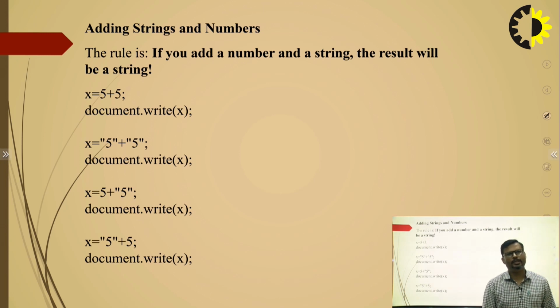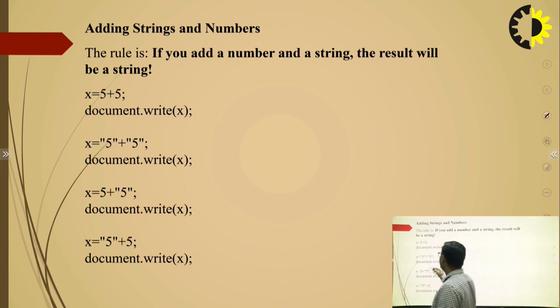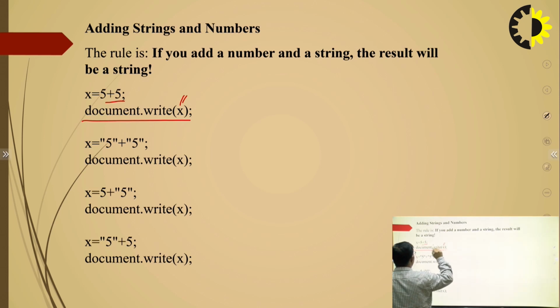Then adding strings and numbers. Suppose that if you want to add a string and numbers, then this is the effect. x equals 5 plus 5, then document.write x, so this will be 10.